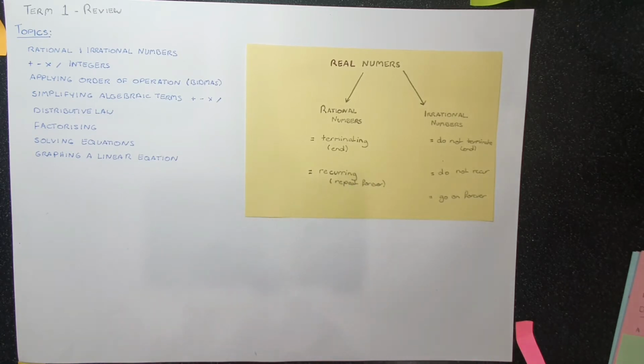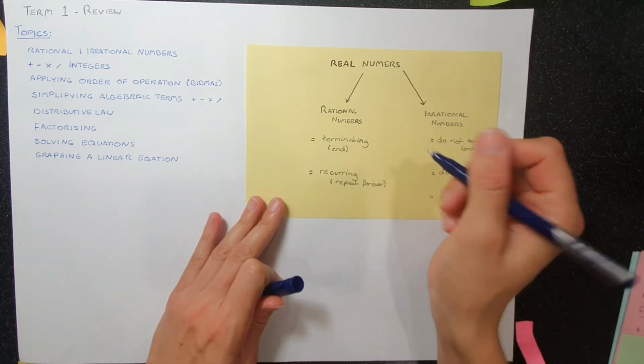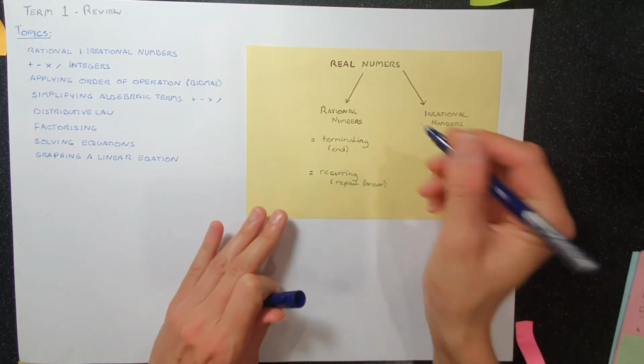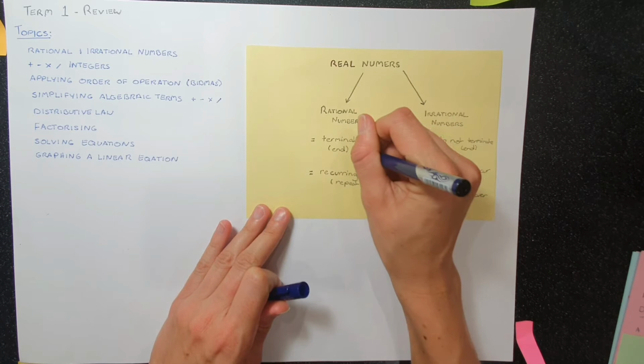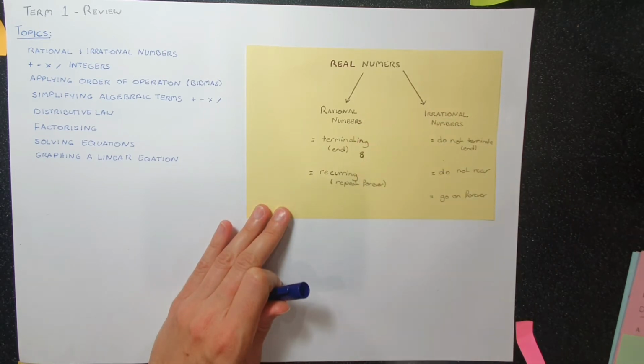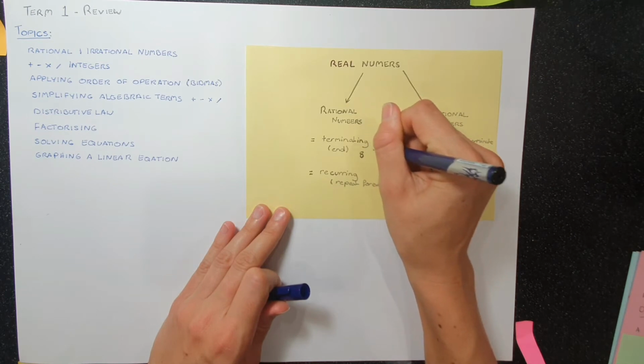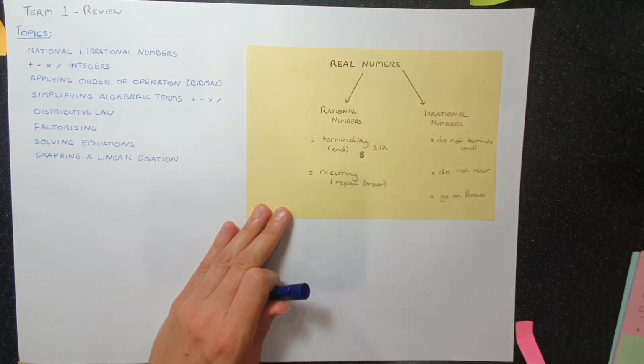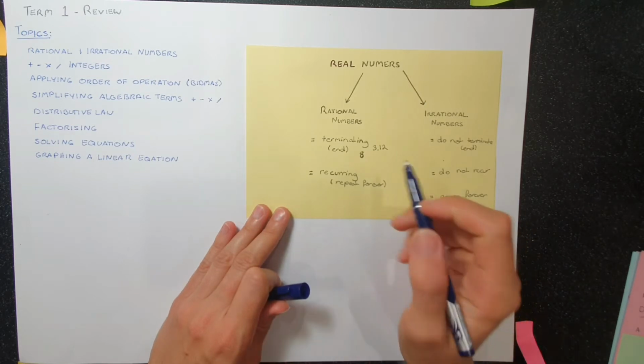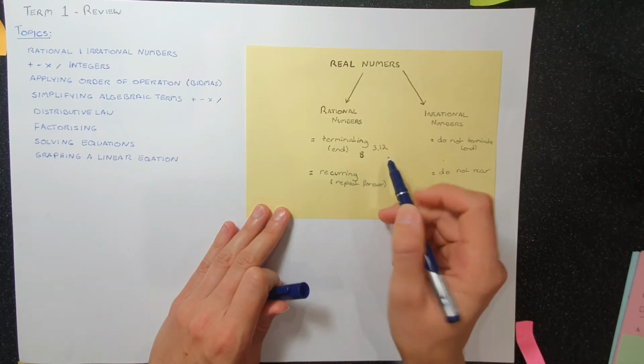So let's have a look at what a terminating number might look like. A terminating number might look a little bit like 8. 8 is a terminating number, so the number comes to an end. It could also look like 3.12. This is also a terminating number because it comes to an end.